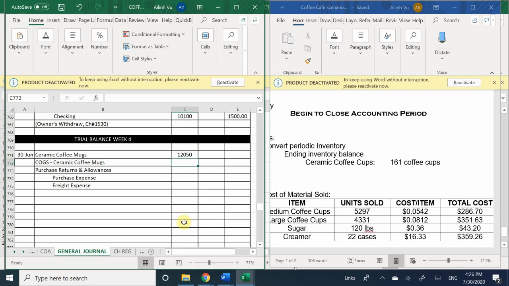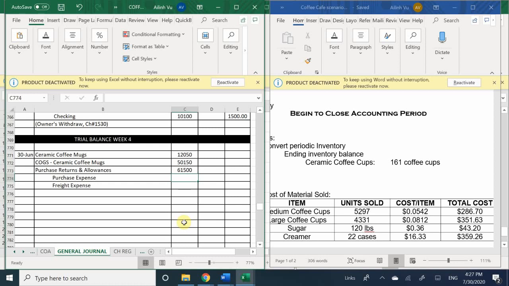I think it's 50150. Good. What is purchase returns and allowances? 61500.